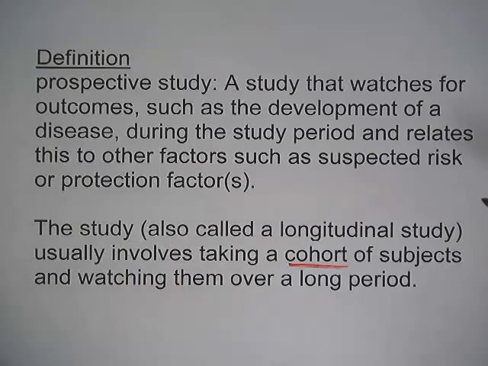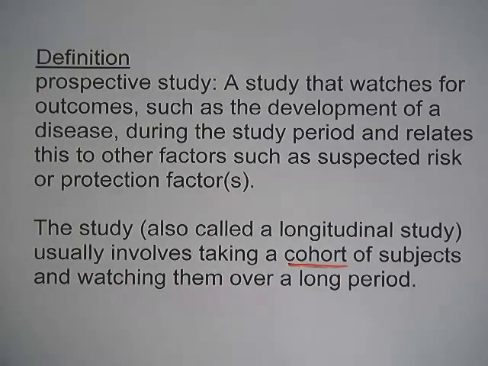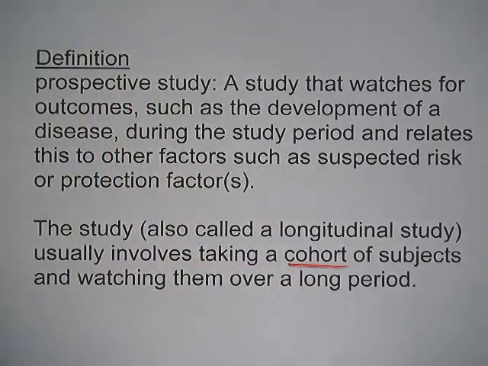So perhaps if a researcher is interested in looking at exposure to something like asbestos, maybe they would go into a factory and recruit a cohort of subjects that work in that factory, and then do tests on them to see what their exposure to asbestos might be. That's an example of where a prospective study might be used.